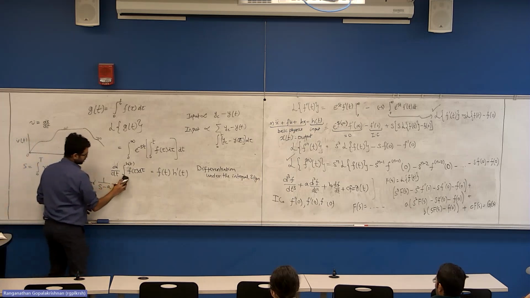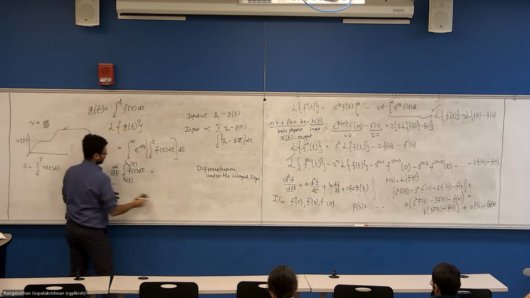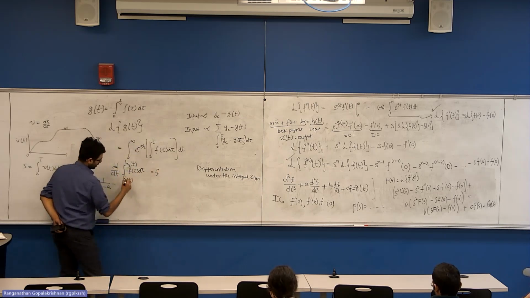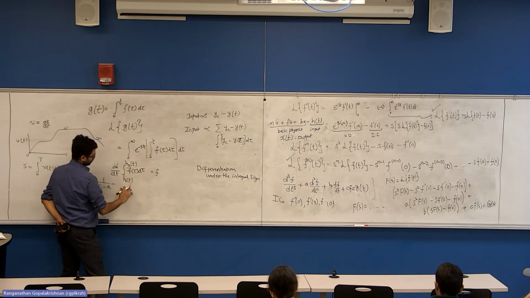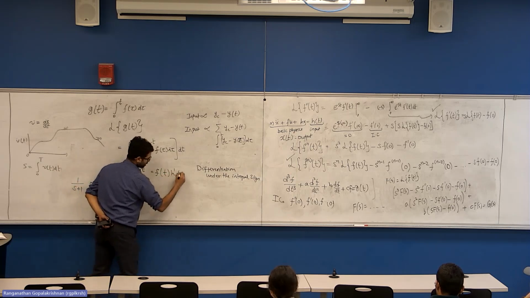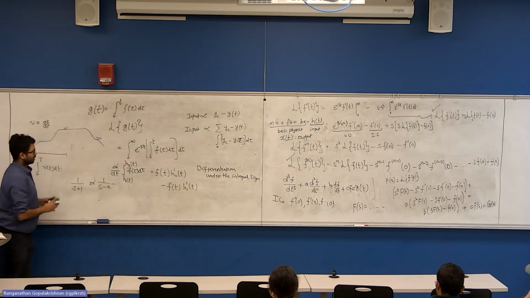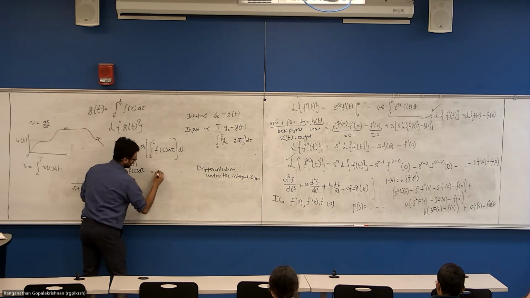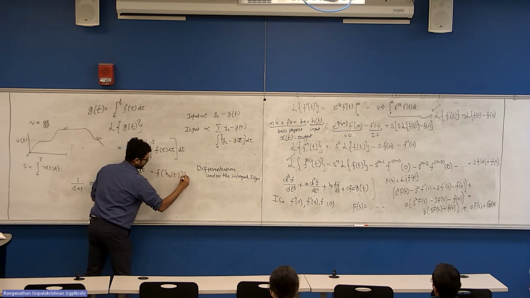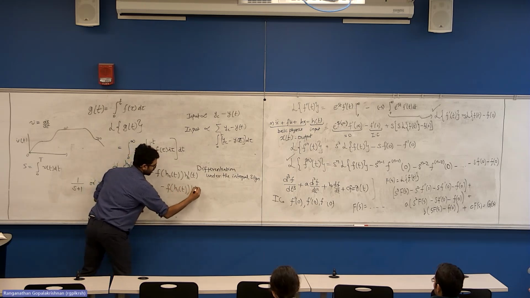And if you had two limit functions, h1 of t and h2 of t, this would be f of h2 of t times h2 dash of t minus f of h1 of t times h1 dash of t.